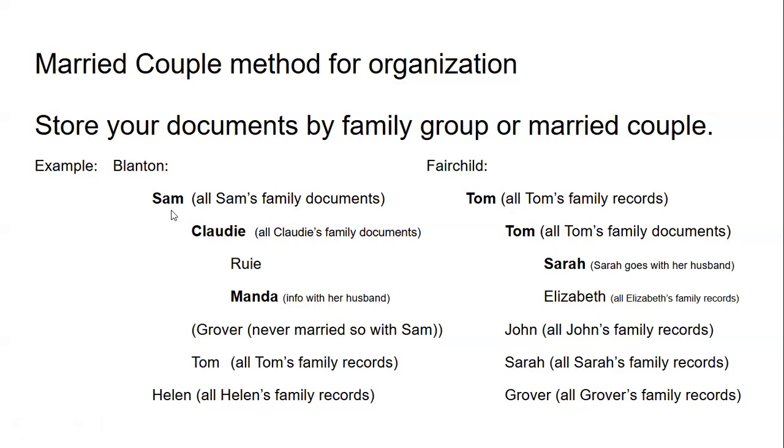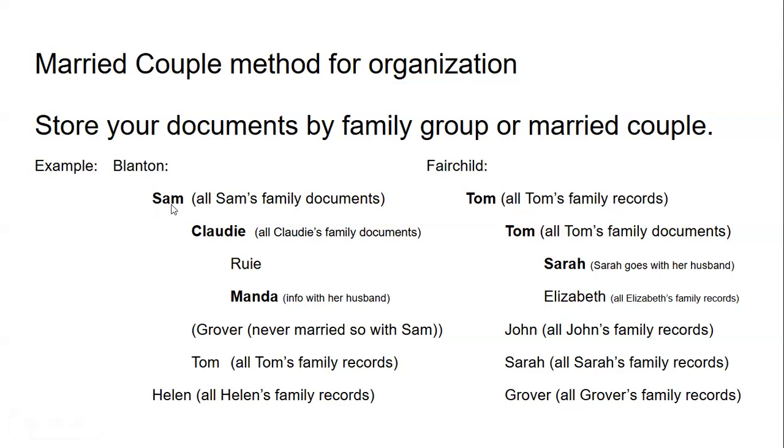I would have a tab for Sam Blanton. I'd start at the bottom, Sam, and then I would have the next section or subfolder for Claudie, his son. Then I would have one for his daughters and just keep moving down like that.